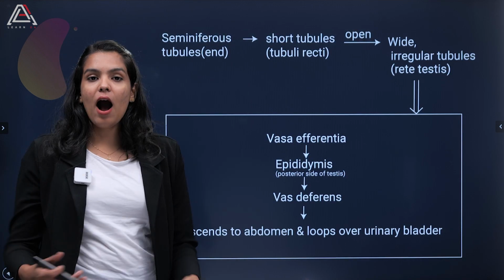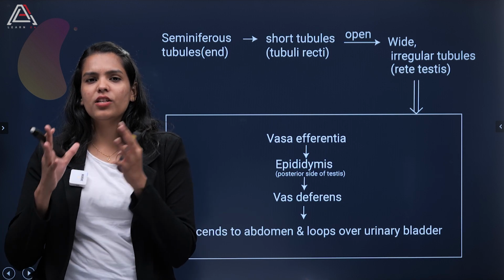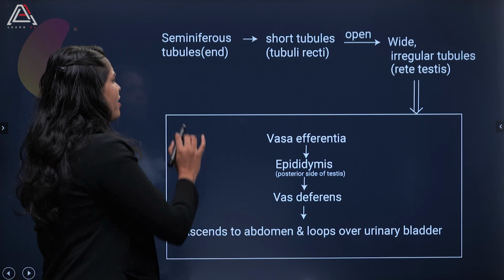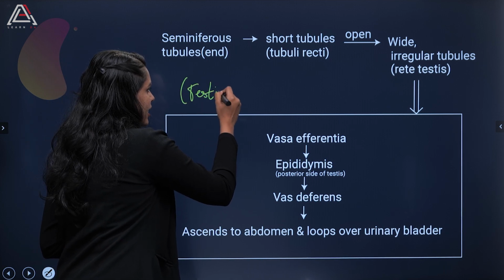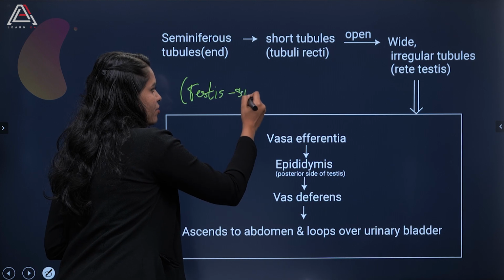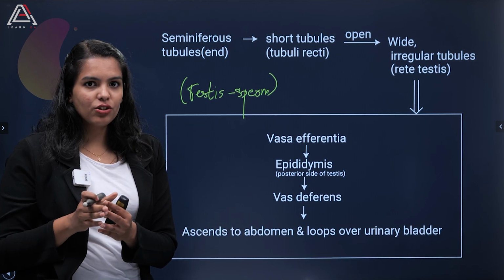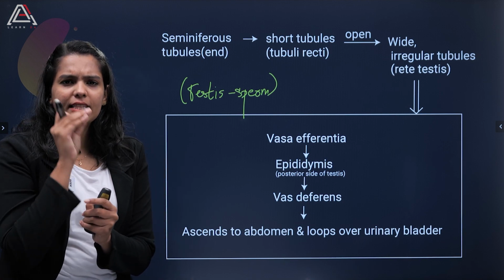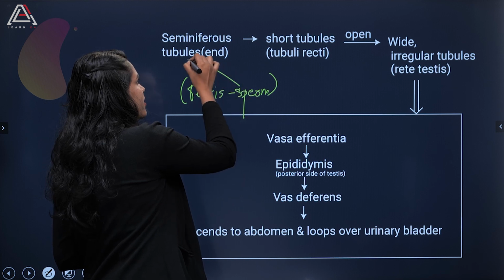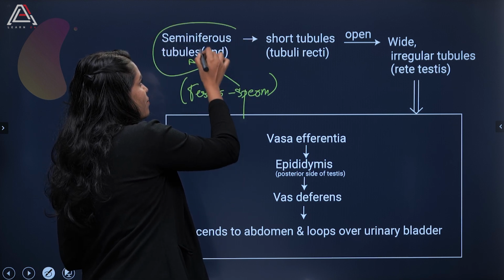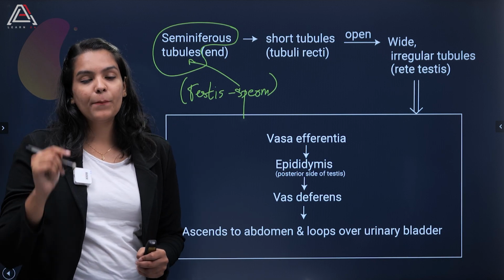Talking about how exactly the transportation is taking place through these accessory ducts: like I already told, from the testis the sperms are produced, and we have already learned that specifically from the seminiferous tubule the sperm are produced.